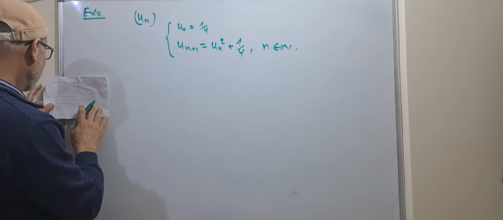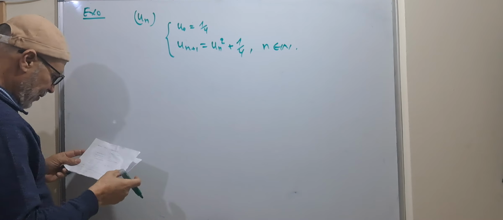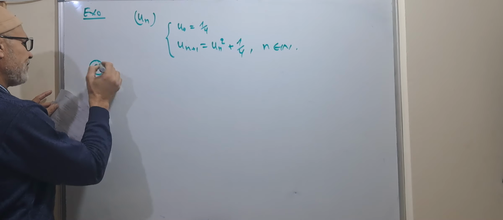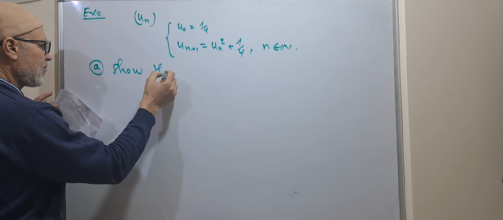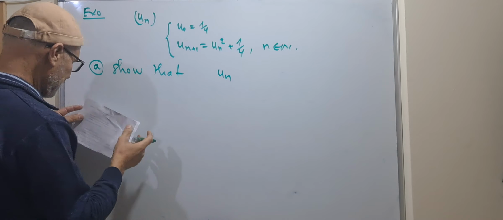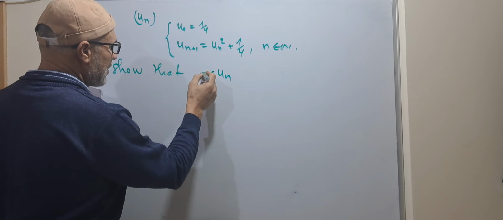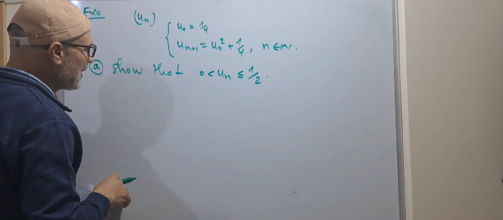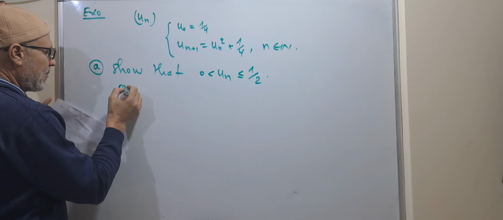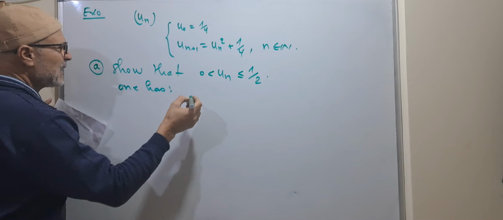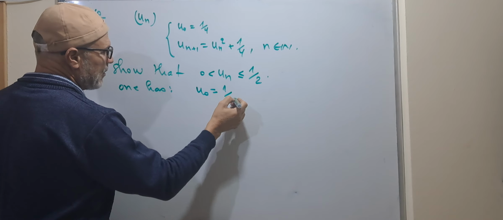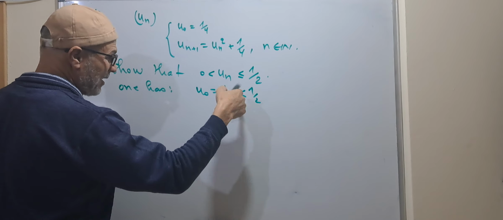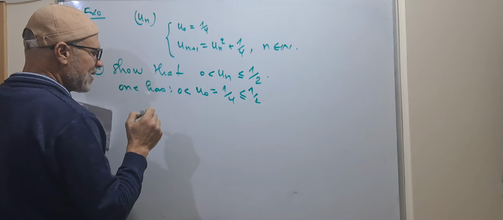The first question, show that Un is greater than 0 and less than or equal to 1 over 2. Indeed, one has U0 equal to 1 over 4, which is strictly less than 1 half, so it is less than or equal, and strictly greater than 0.